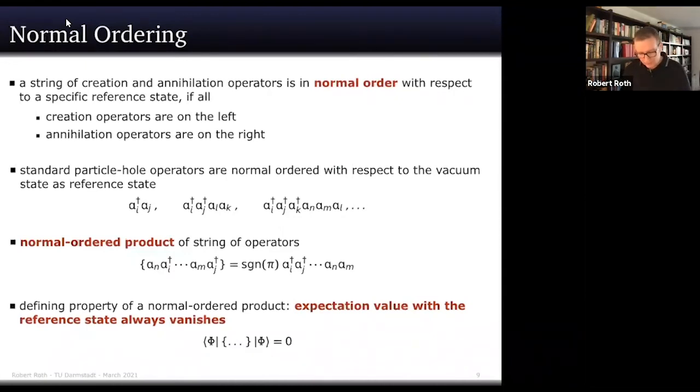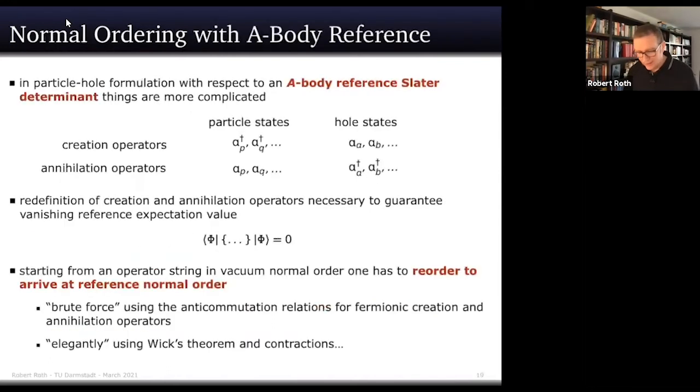In principle, in particular if you look at generalized forms of this normal ordering, this is the defining criterion for an operator chain in normal order. With respect to the reference state you've picked, expectation values are always zero. This is super trivial for the vacuum state, but it's getting interesting if you go to a real state like an A-body Slater determinant as your reference state.